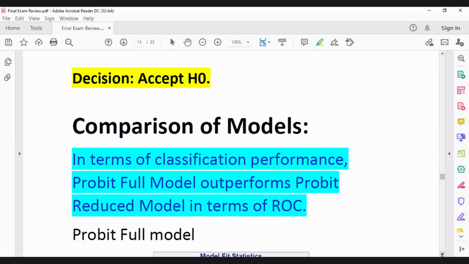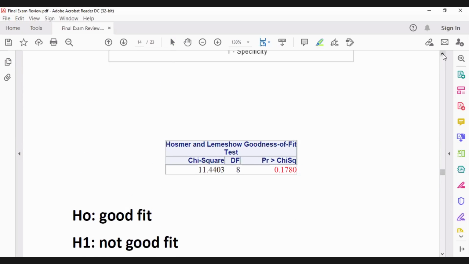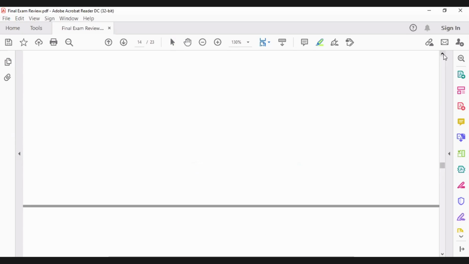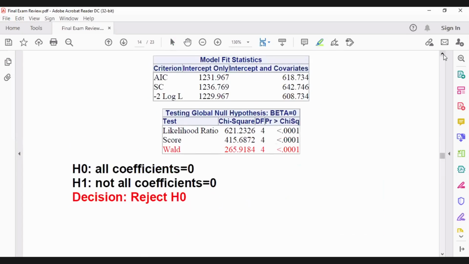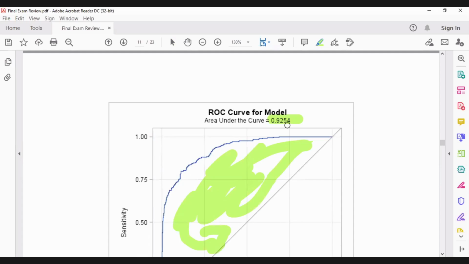Comparison of models. In terms of classification performance, if you look at the probit full model, the probit full model outperforms the probit reduced model in terms of ROC. Let's look at ROC. The reduced model is equal to 0.9253 against 0.9254.